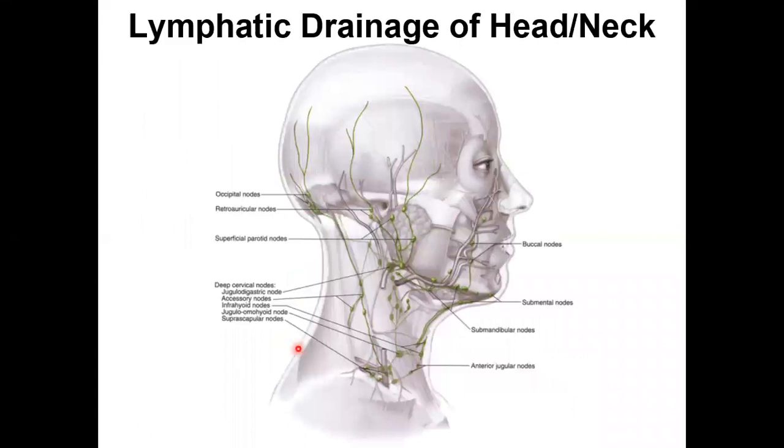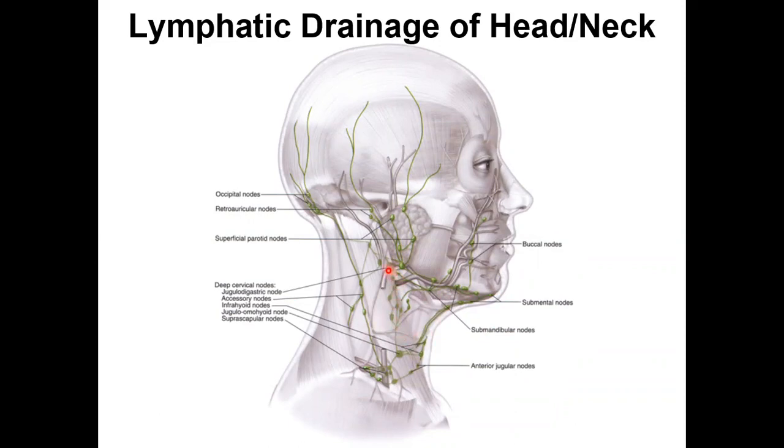All right. So again, for lymph nodes, you can see how you have your superficial parotid nodes on top of the parotid gland. Here's those retroauricular nodes, literally translating to behind the ear. Here's your occipital lymph nodes. Let's see, here's your submental nodes versus your submandibular nodes.